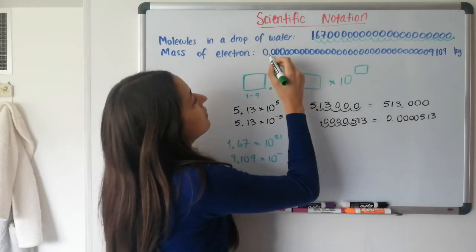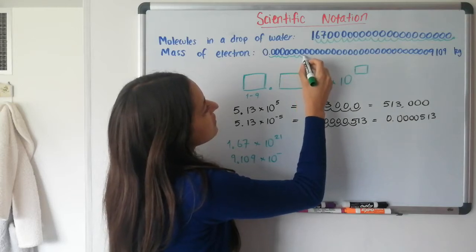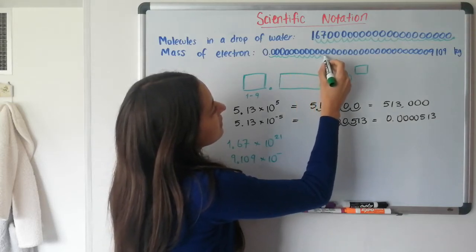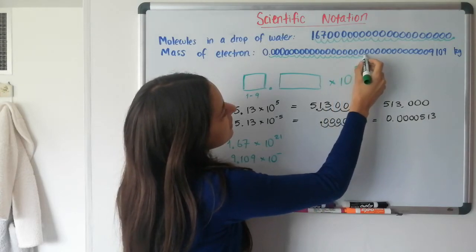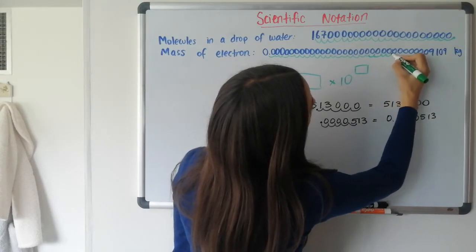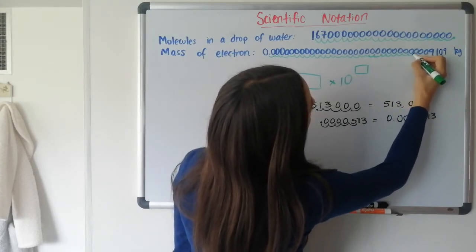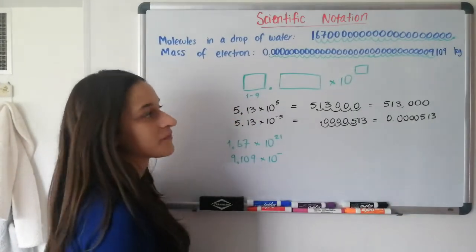So we count. 1, 2, 3, 4, 5, 6, 7, 8, 9, 10, 11, 12, 13, 14, 15, 16, 17, 18, 19, 20, 21, 22, 23, 24, 25, 26, 27, 28, 29, 30, and 31.